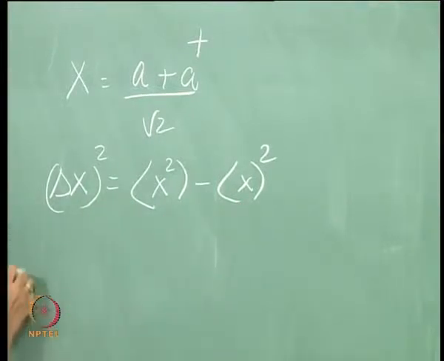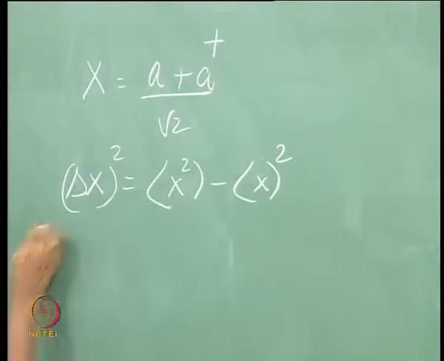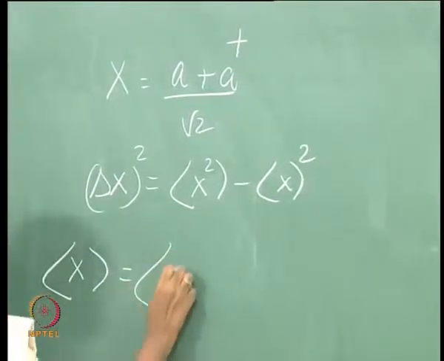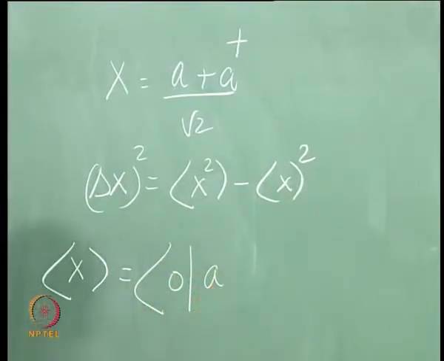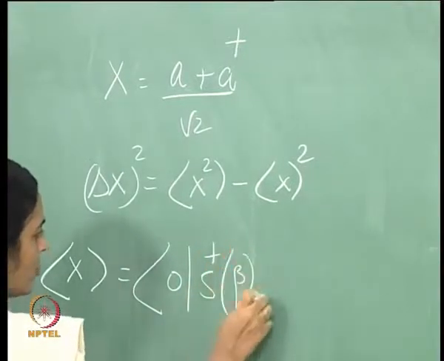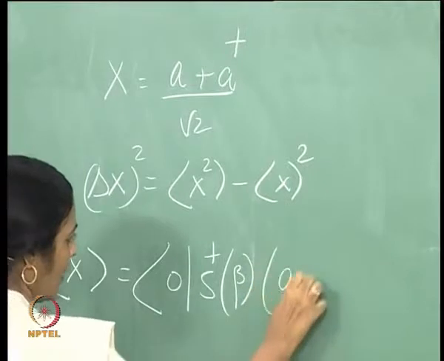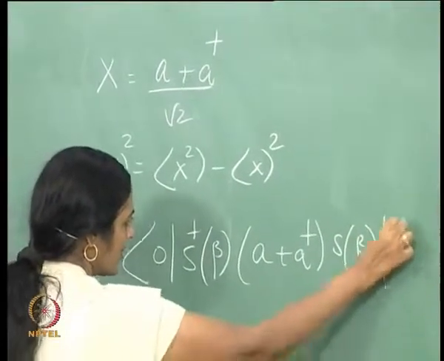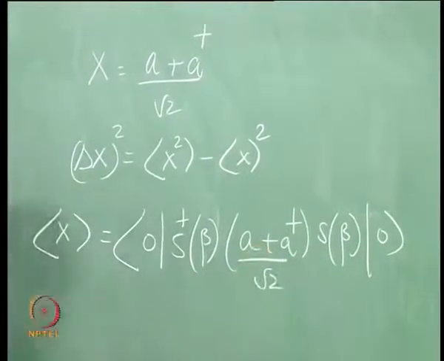To calculate expectation x the whole squared in the case of the squeezed vacuum, we need to first find expectation x, and that is this object: S dagger of beta A plus A dagger S of beta 0 divided by root 2.